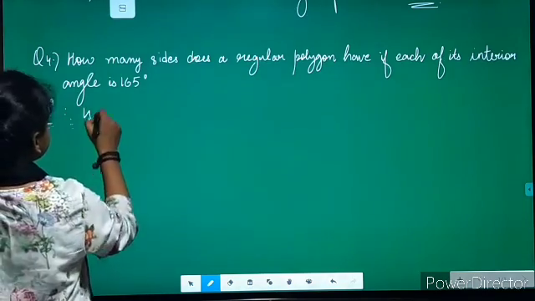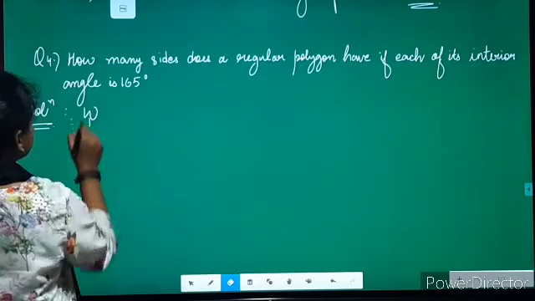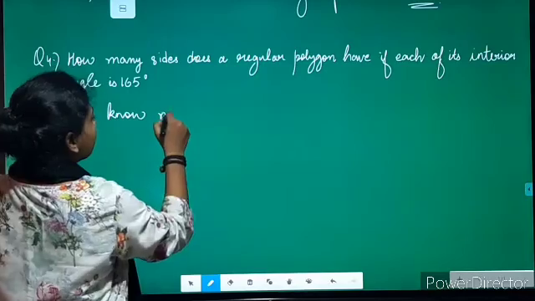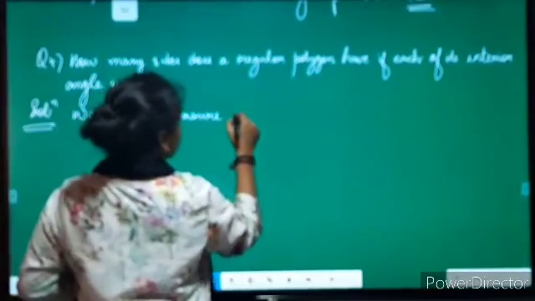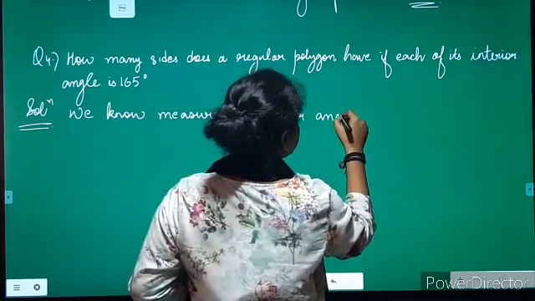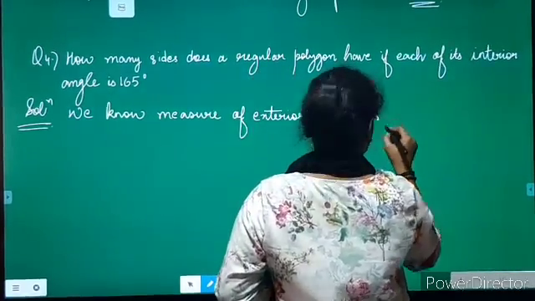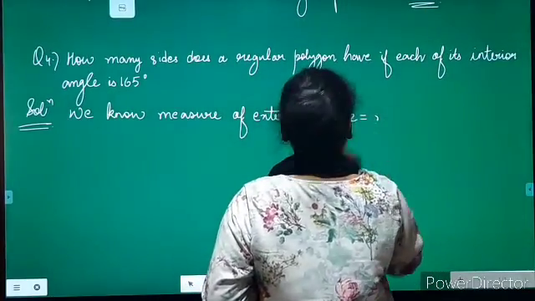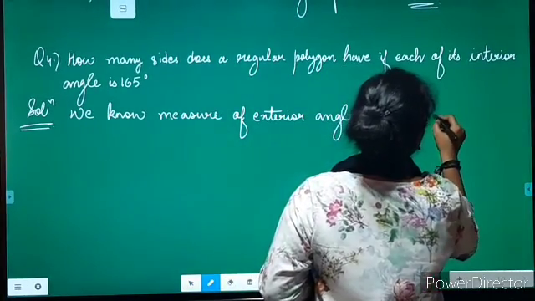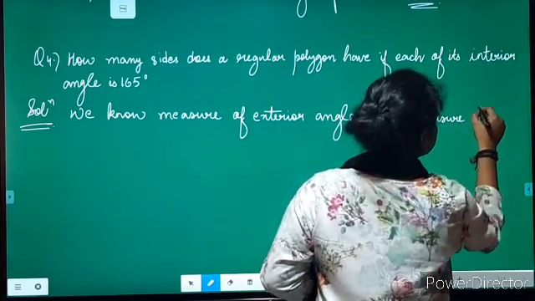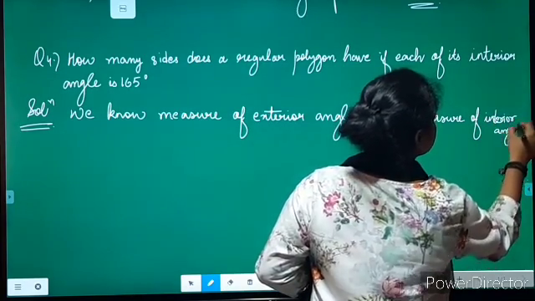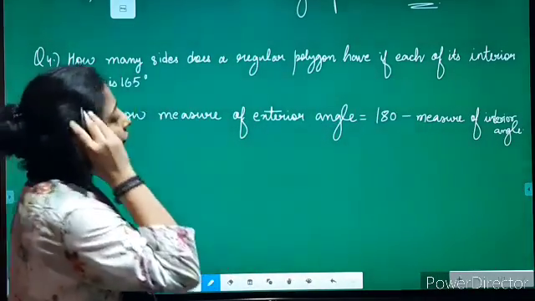We know the measure of exterior angle equals 180 minus the measure of interior angle.